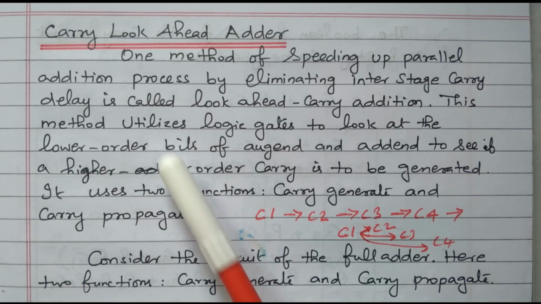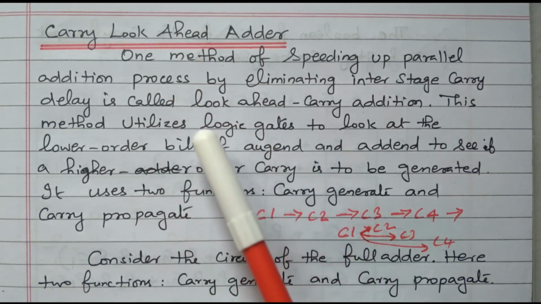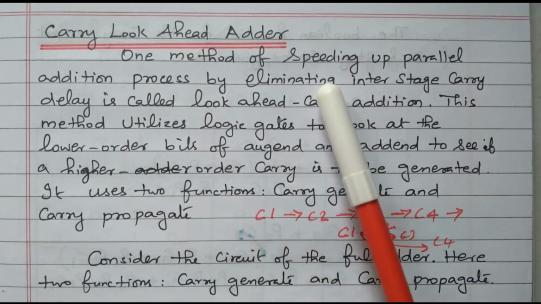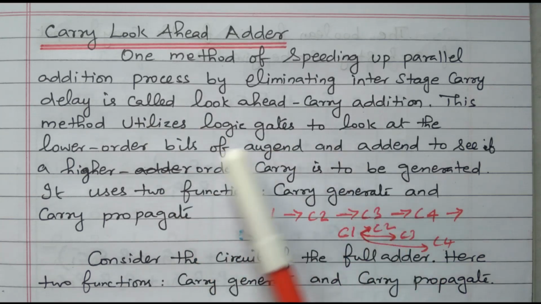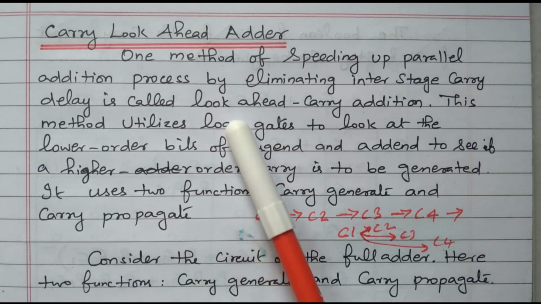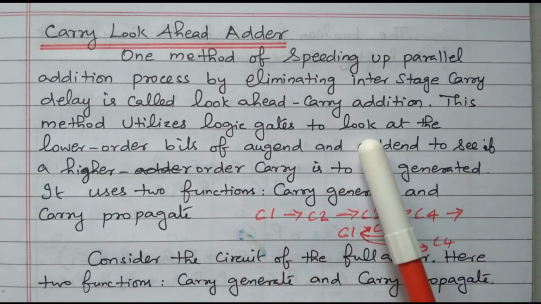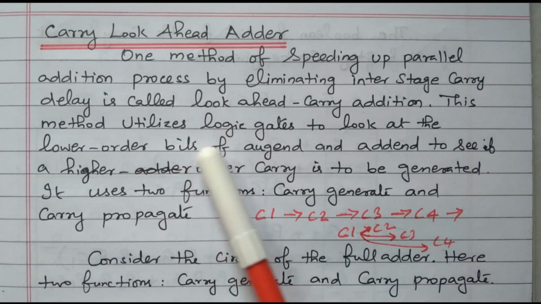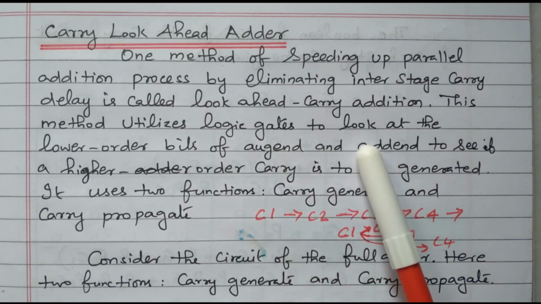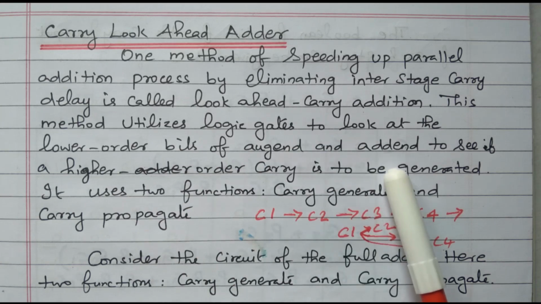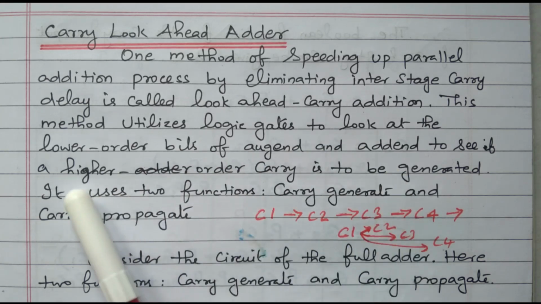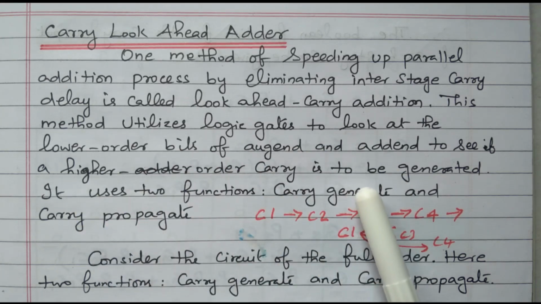Now we'll go to the topic, carry look ahead adder. One method of speeding up the parallel addition process by eliminating interstage carry delay is called look ahead carry addition. This method utilizes logic gates to look at the lower order bits of augend and addend to see if a higher order carry is to be generated.